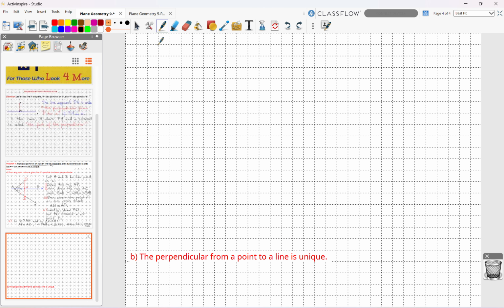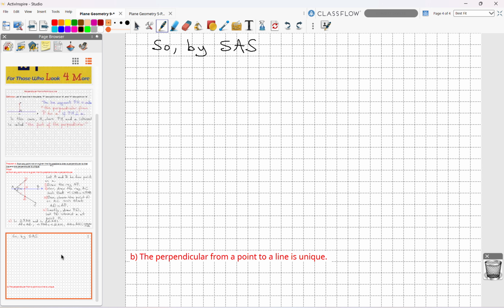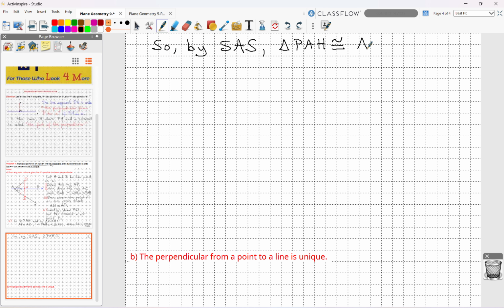So I continue. By side angle side, triangle PAH is congruent to triangle DAH.